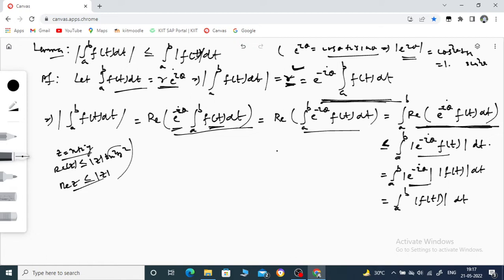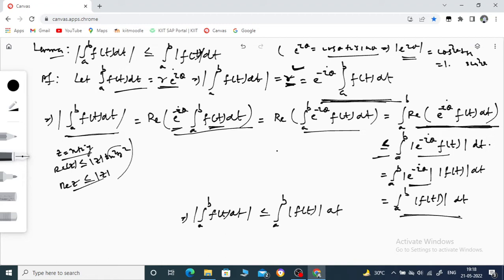Okay, so now our proof is completed. We just started from here, and the less than or equal to symbol is there, and finally we got this. So this implies the modulus of integration from a to b of f of t dt is less than or equal to integration from a to b of modulus of f of t dt.